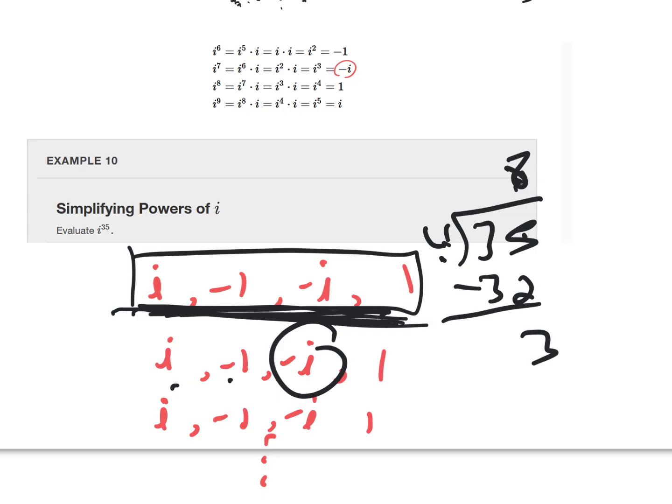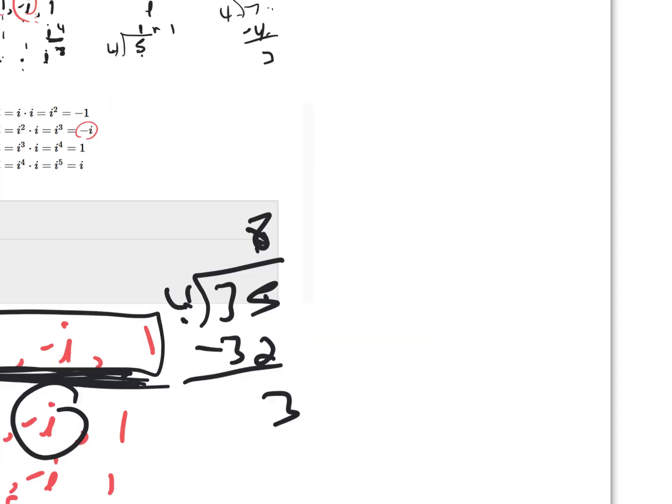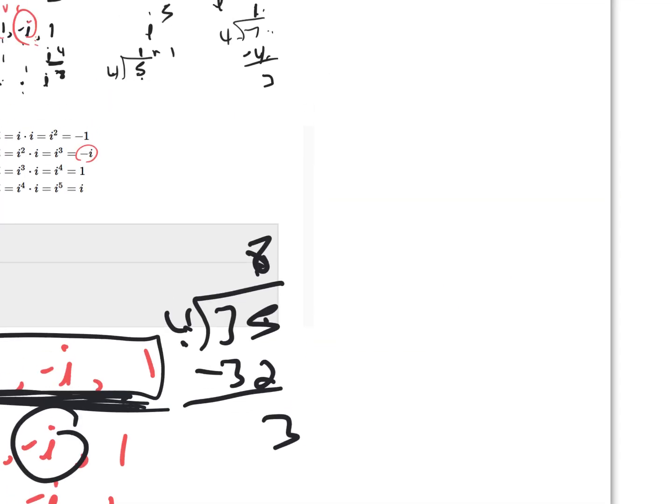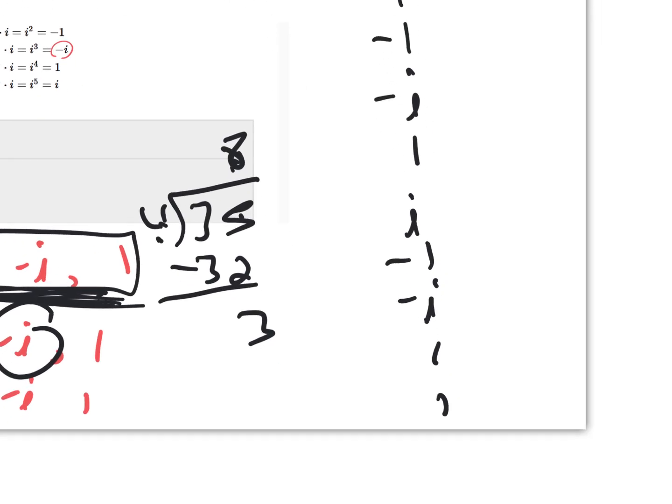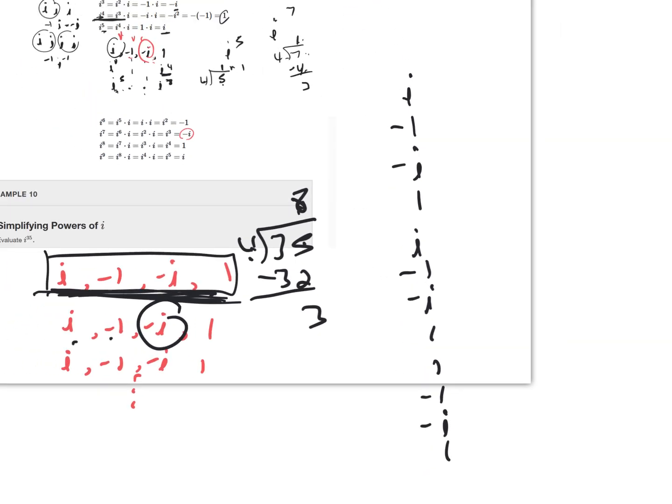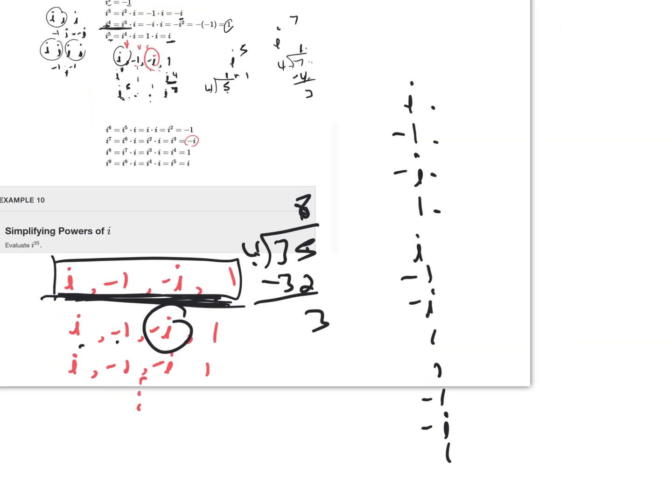That's my thought. You could list them all and just keep going. You could start from the top and say i, negative 1, negative i, 1. i, negative 1, negative i, 1. i, negative 1, negative i, 1. And see how far we got so far. 1, 2, 3, 4, 5, 6, 7, 8, 12.